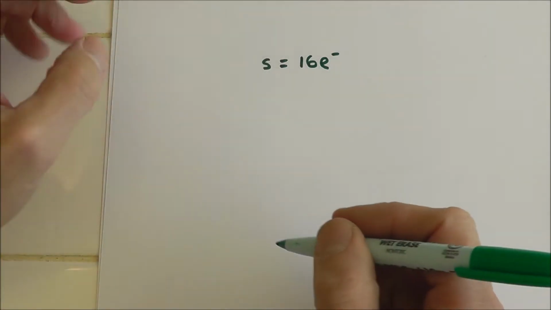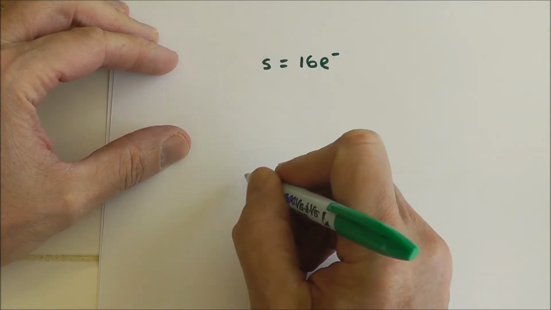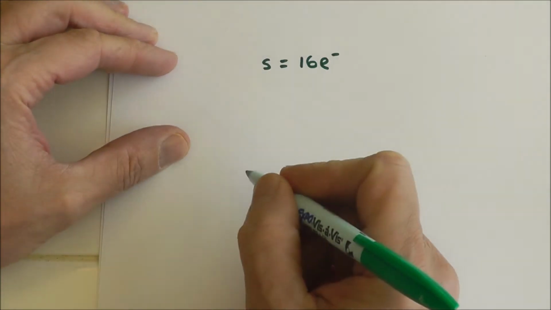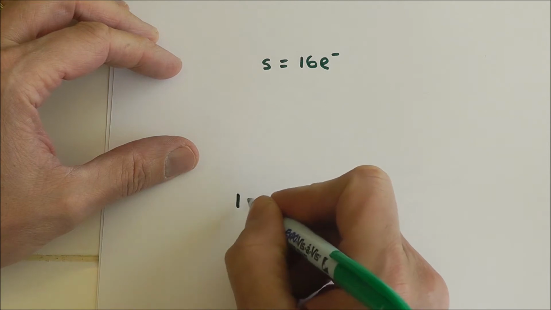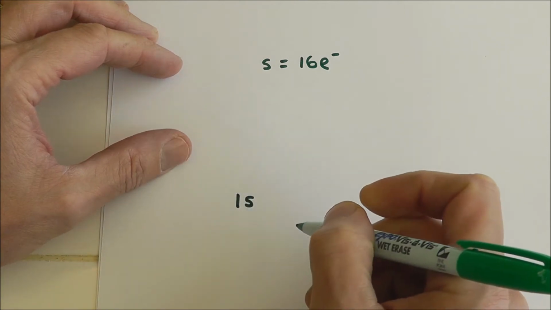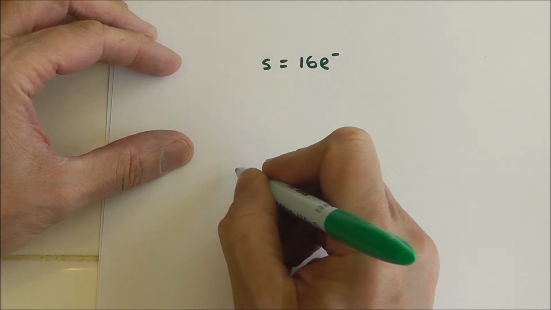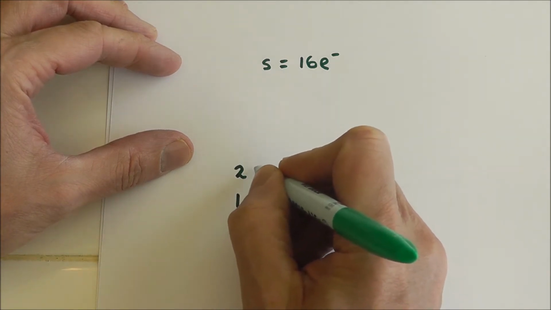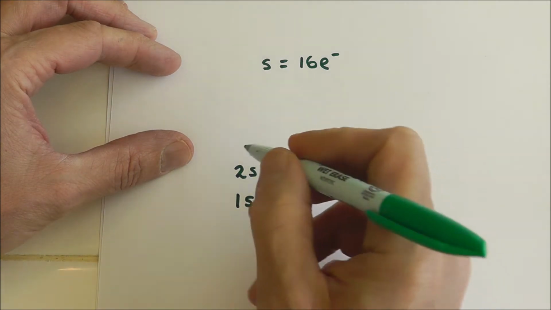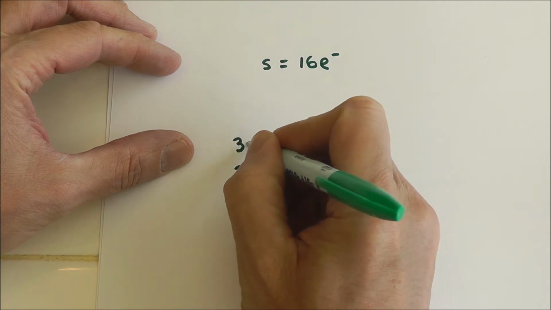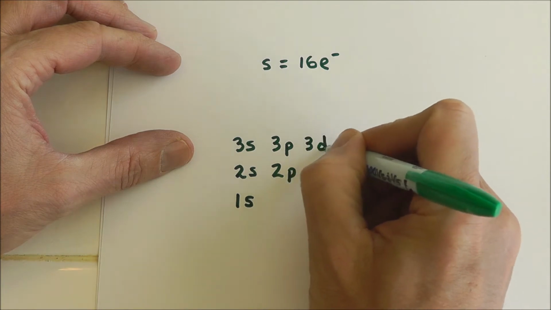If you can recreate the scene in your head, you'll never have a problem figuring out what the arrangement of electrons is. Remember that as you go along to each quantum level, n level, the number of subshells increases by 1. So n equals 1 has a 1s, n equals 2 has a 2s and a 2p, an s and a p. N equals 3 has an s, a p, and a d.